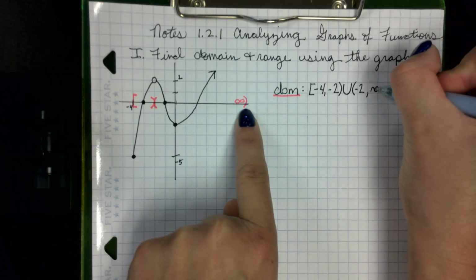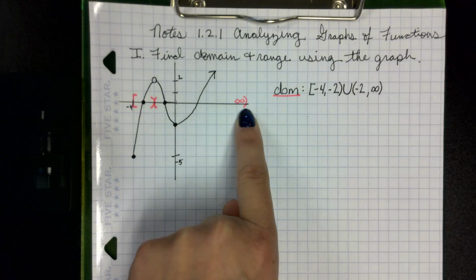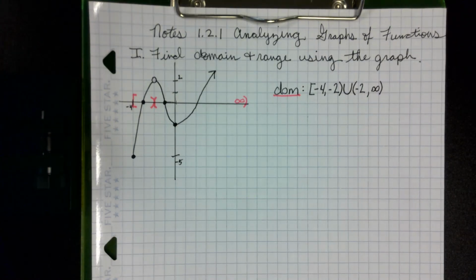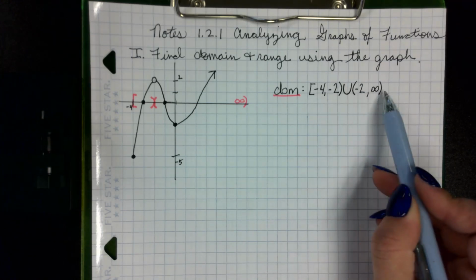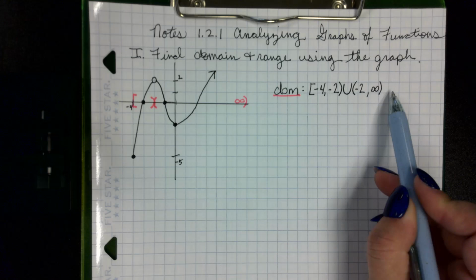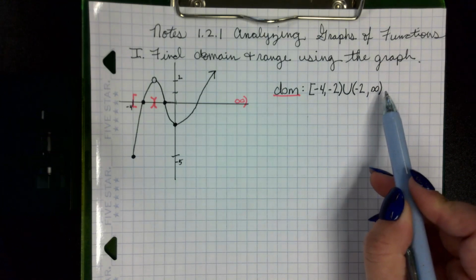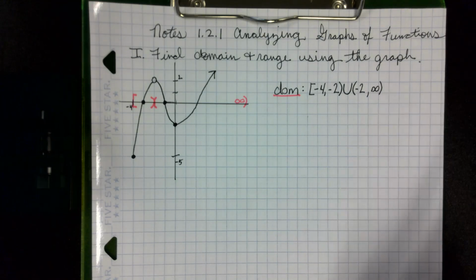So it's going to go to positive infinity. Infinities always get parentheses, never brackets. And your numbers always need to be in order from smallest to largest. If they're out of order, it doesn't make any sense. Right? Logically, it just would not make sense.